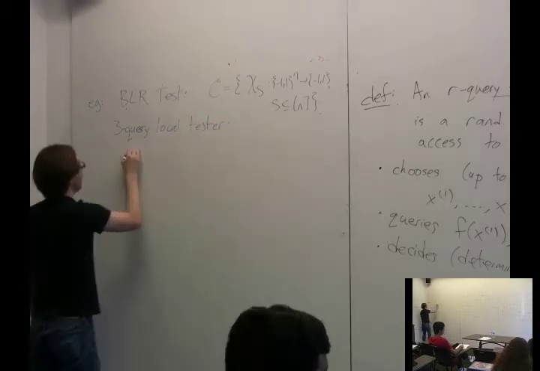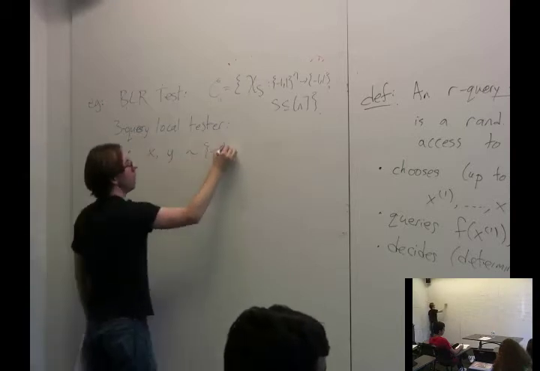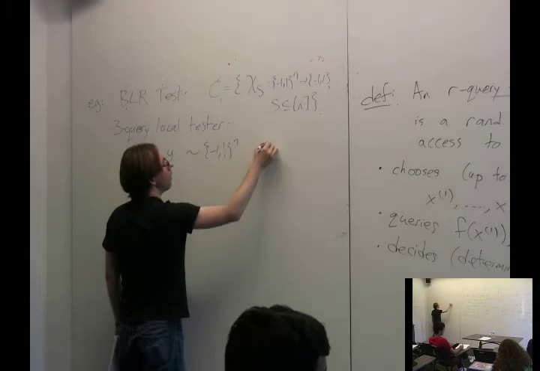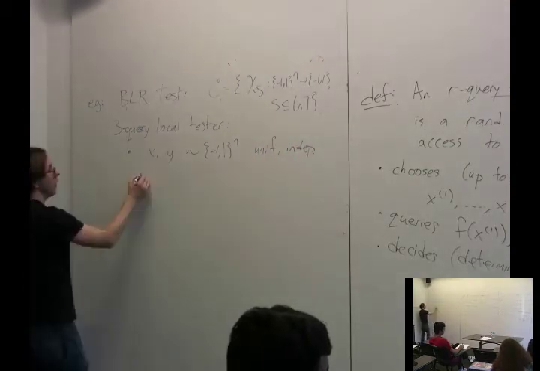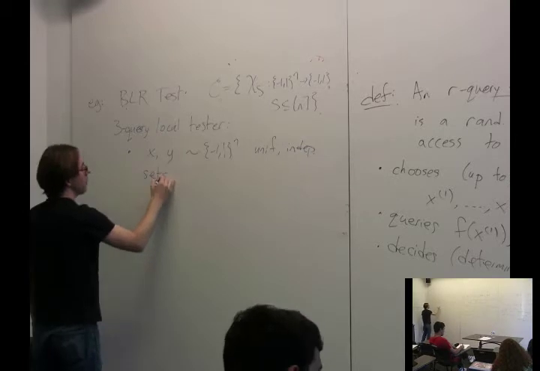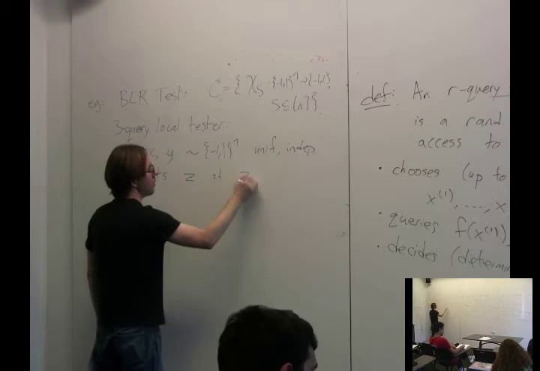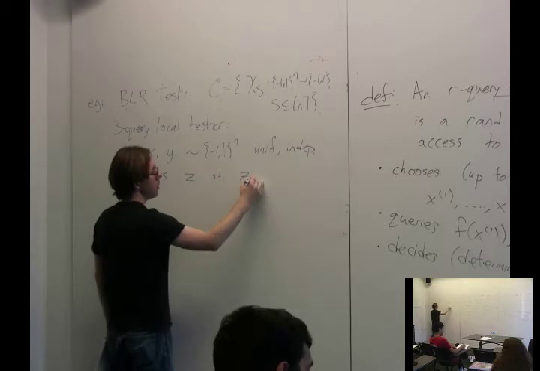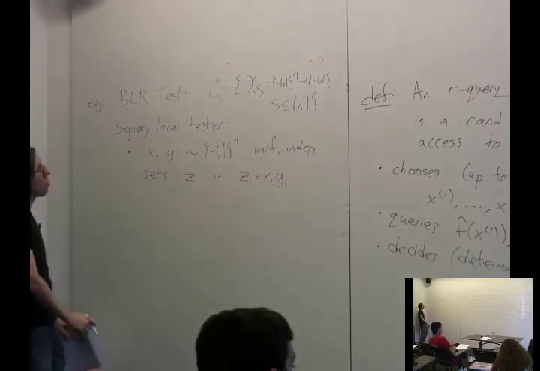And how did it work? It chose x and y uniformly and independently. But then the third input, as Arda said, is not independent. It sets z to be the pointwise product, so z_i is x_i times y_i.